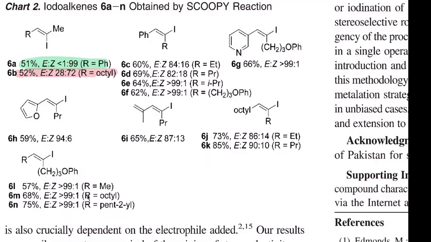And then, changing where the iodine is, it looks like they are able to control the selectivity. If you look at C, 6F is 99 to 1 E to Z, and 6E is also 99 to 1 E to Z. So I guess it depends on the location of your iodine. Is that what they were proposing?